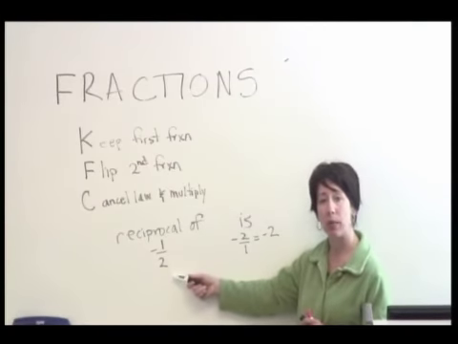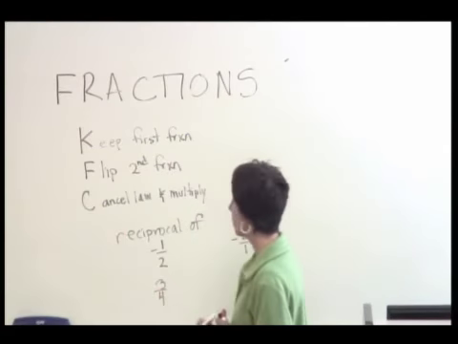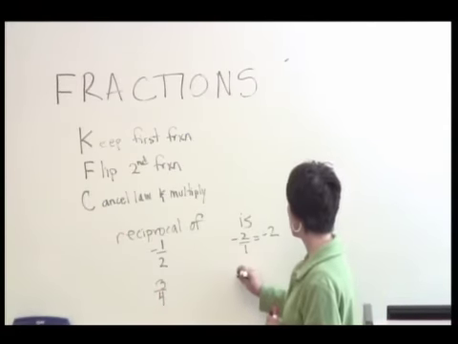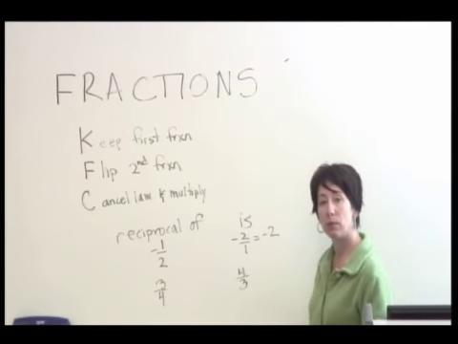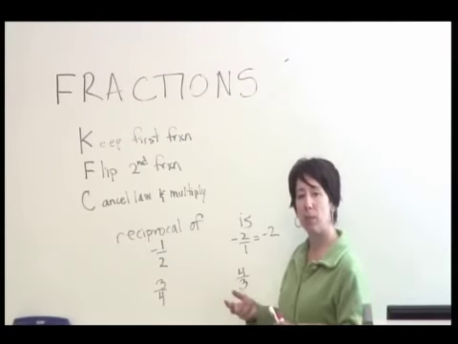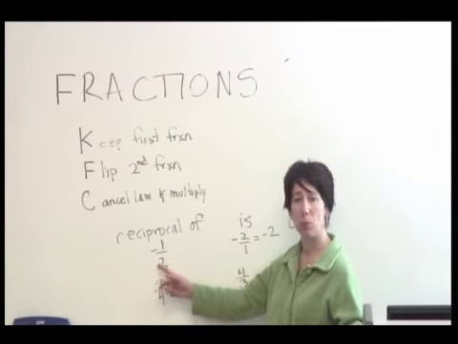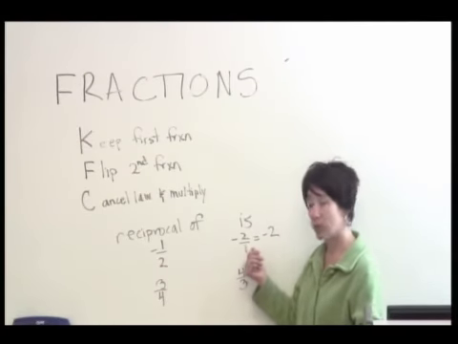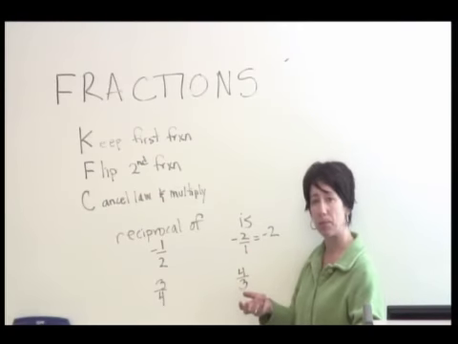Notice I keep the sign with it. The reciprocal of 3/4 is 4/3. So we're just flipping the fraction. If the fraction happens to have a sign, we would keep the sign with the reciprocal. And that's all the reciprocal is. It's just a fraction flipped.